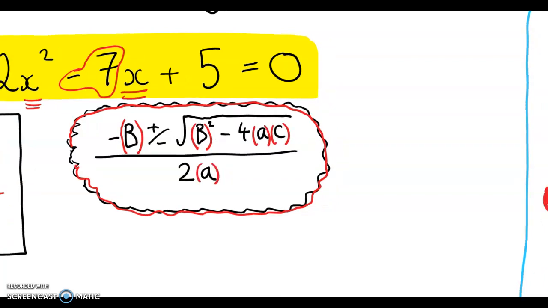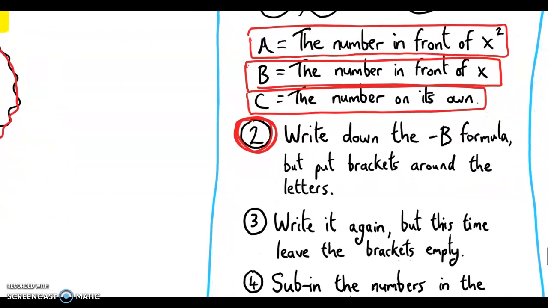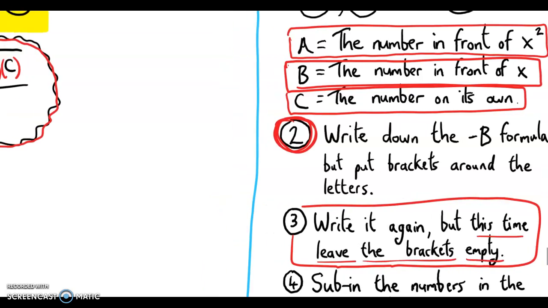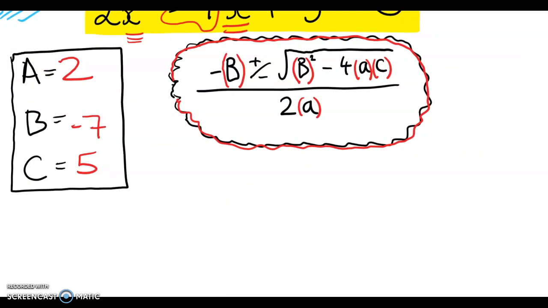Now onto step 3. Write that formula again, but this time leave the brackets empty. So I'm going to write the formula again, except I'm going to leave those brackets empty.